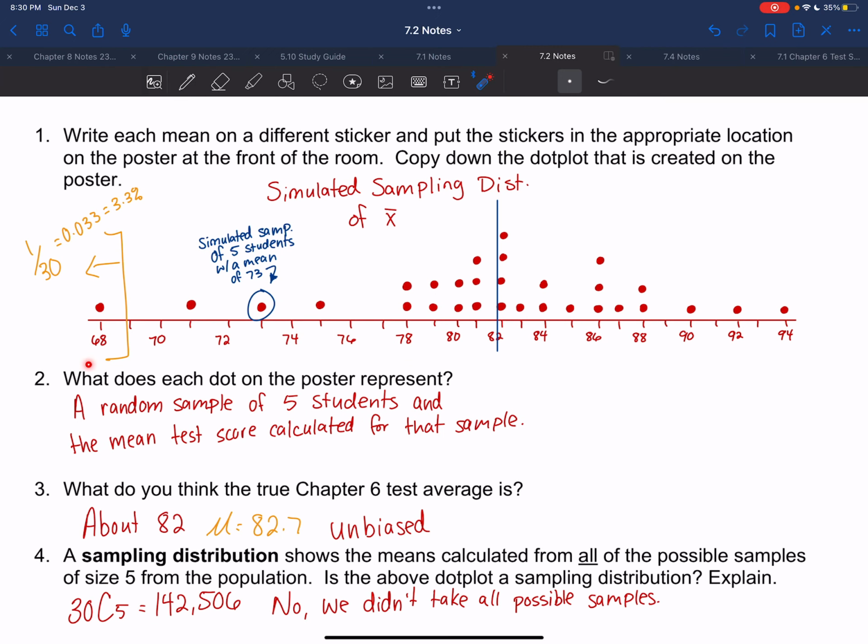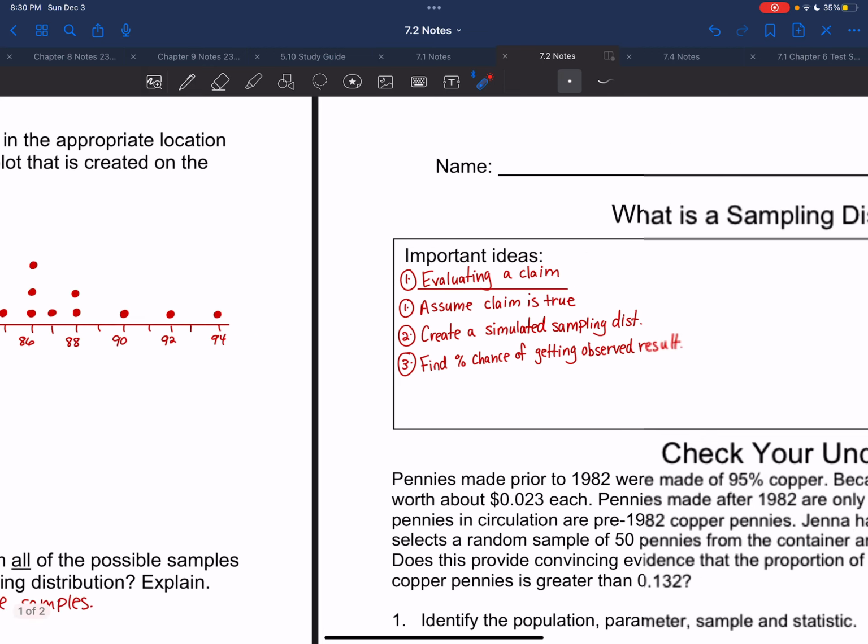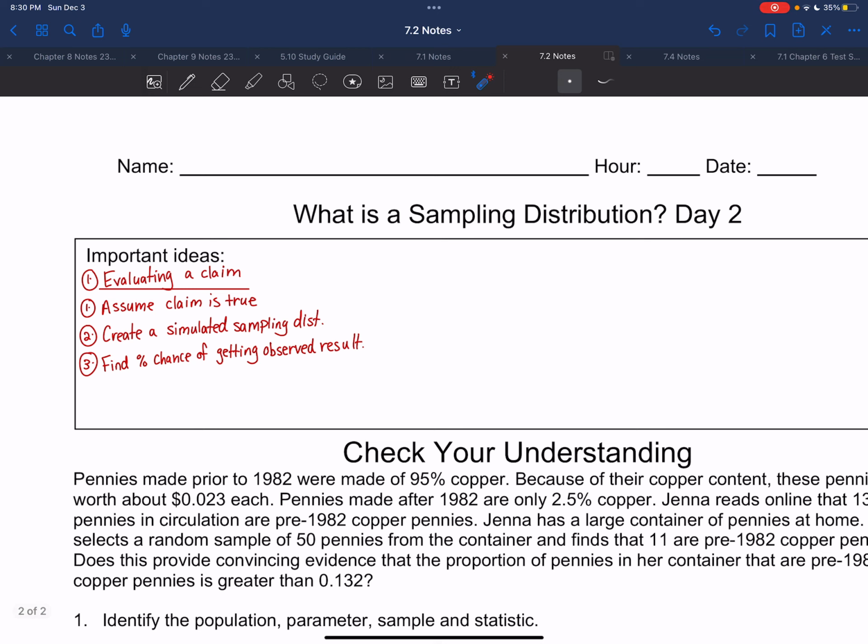In this example, we had a 1 out of 30 chance, or 3.3% chance of that actually happening. If Rockford was actually as good as us, there's only a 3% chance that they would do that poorly on the test. So it's really unlikely that they are as good as us, right? So that's kind of the steps that you want to follow whenever you're looking at a claim like that.